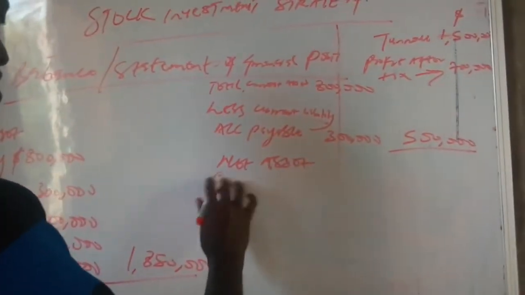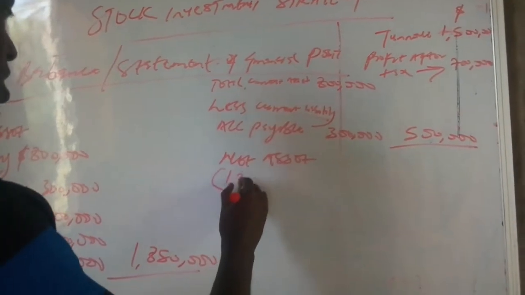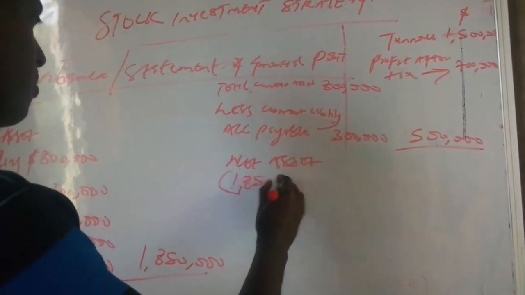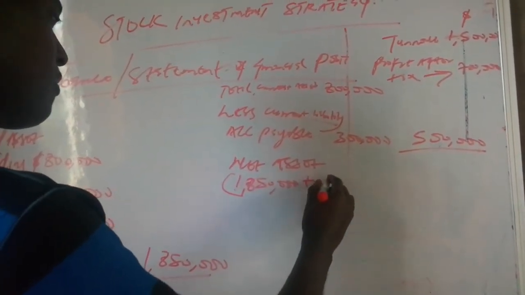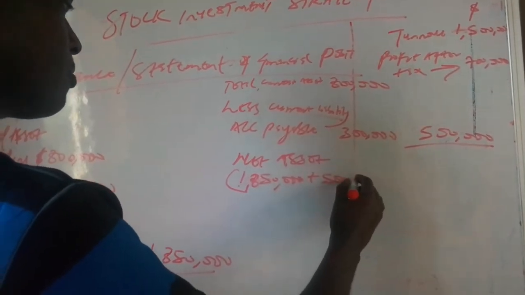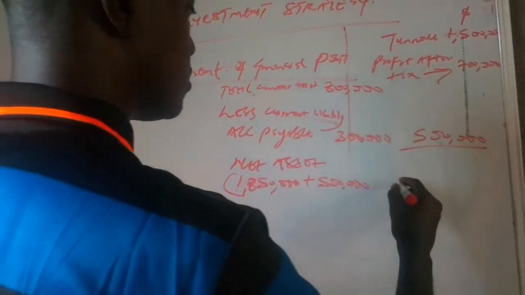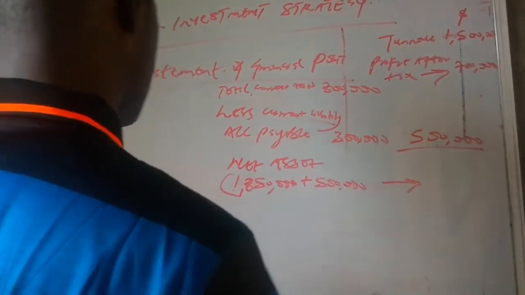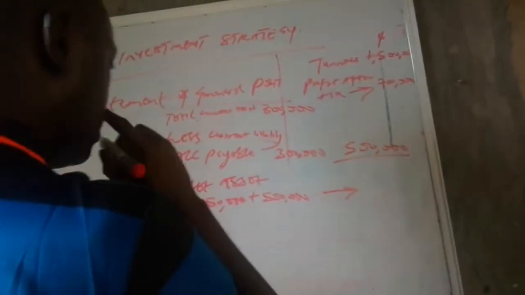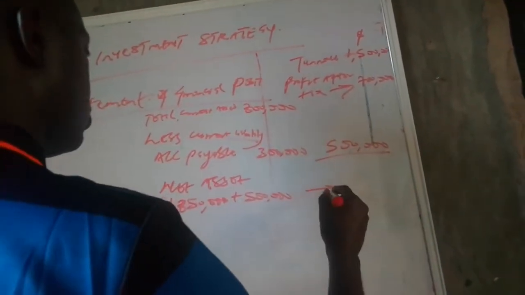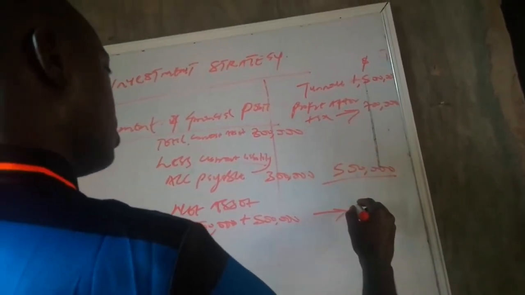500,000, and 1.8 million, that is the total fixed asset, 1,850,000 plus 500,000. Which will give us 2,350,000.